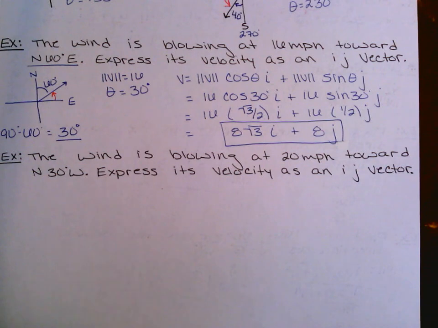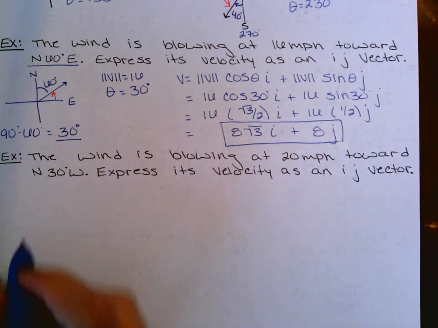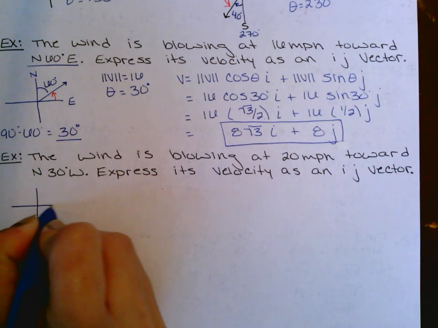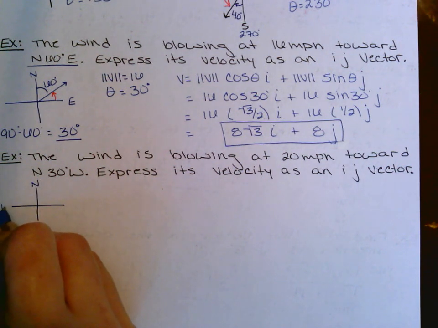All right, so I encourage you to take a moment to try this one on your own. Go ahead and pause the video. It says the wind is blowing at 20 miles an hour towards north 30 degrees west. So I'm going to start by drawing my north 30 degrees towards west.